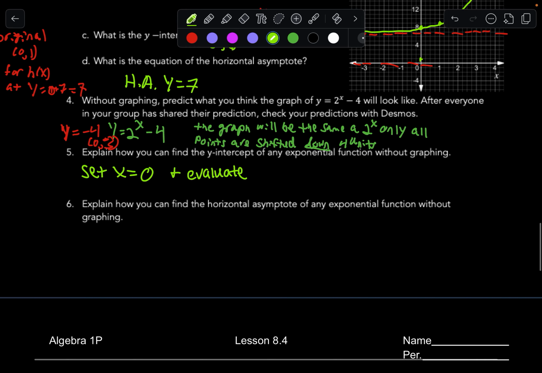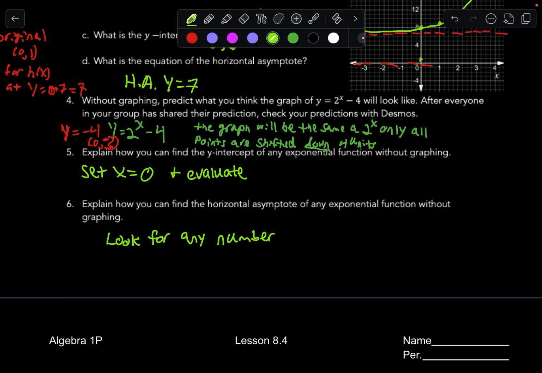Explain how you can find the horizontal asymptote of any exponential function without graphing. Look for any number being added or subtracted from the exponential, from like b to the x.